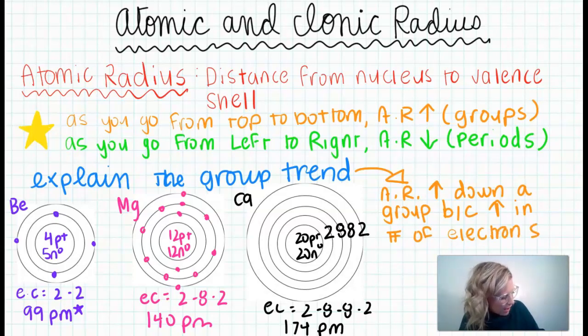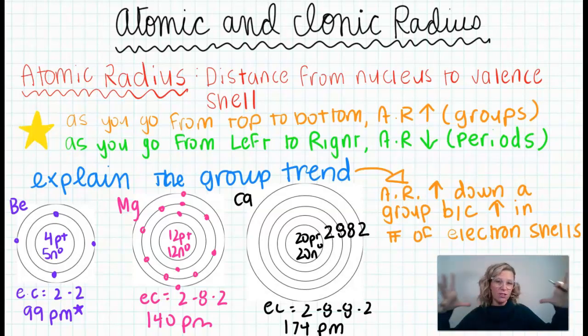Okay, so obviously our radius is going to get bigger if we're adding more and more electrons in, and our shells are getting further from the nucleus. Okay, so that's our trend for the groups. Now let's go ahead and take a moment and talk about the period, which is again a little bit more challenging to understand.